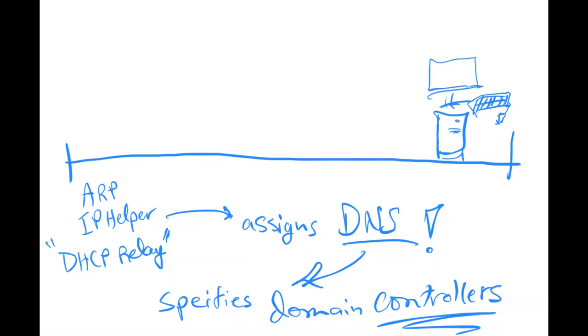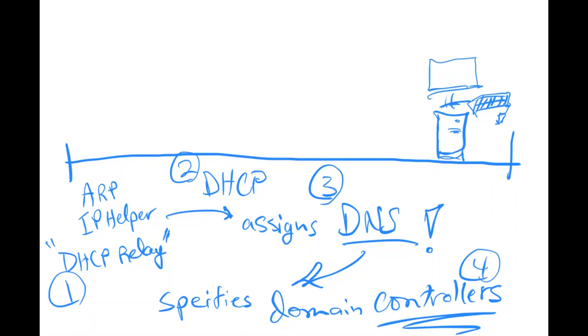Yeah, so basically what you have now is this client, you turn it on, it starts broadcasting on layer 2, right? So the switch says, hey, if you want DHCP, get it from this DHCP server, right? So this is the first step, this is the second step, this is the third step, and this is the fourth step.